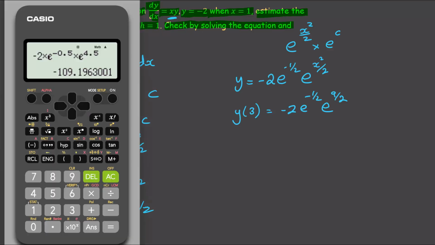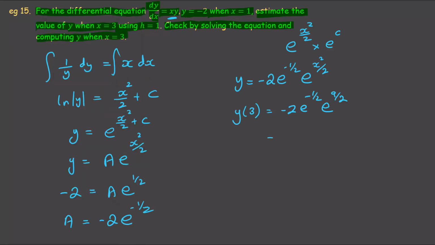Calculating that, as you can see on the left, is approximately negative 109. So nowhere even close to the Euler estimate, which was negative 12. We've gone a long way from the curve.